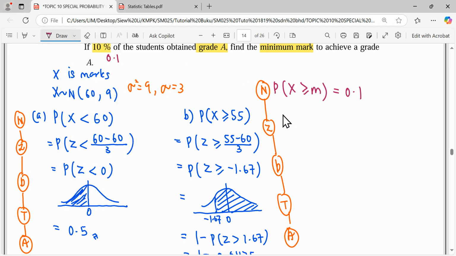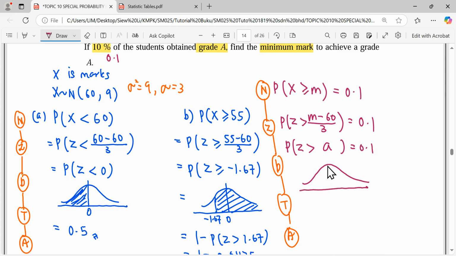We continue with the procedure from the X normal distribution marks here. We change to Z score. In order to change to Z score, this M needs to minus mean over standard deviation, which is 3, to get the probability. The Z score we don't know; I denote it as A. When I want to draw the area, I need to guess my Z score location. Where is my location A? To get the probability as 0.1 means to get the area of 0.1.